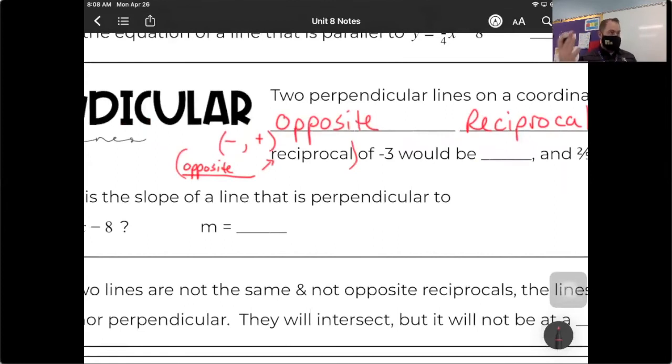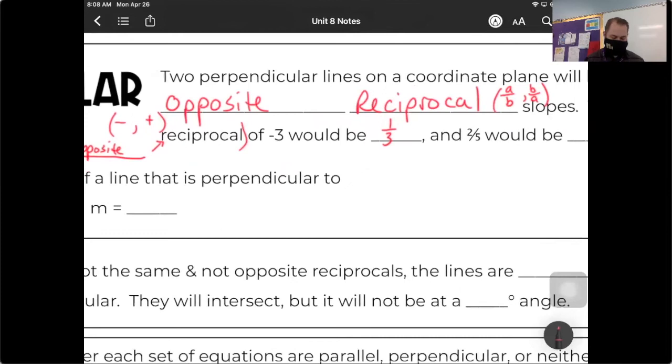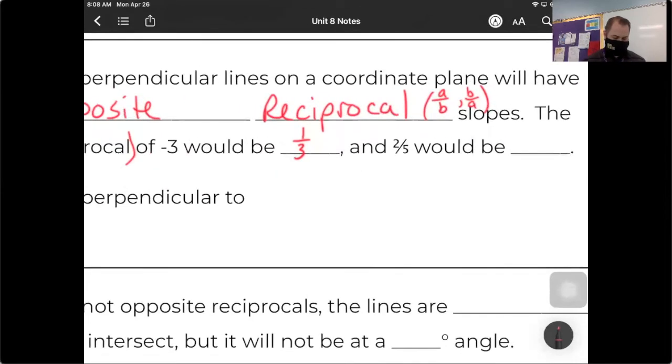So the reciprocal of 3 would be 1 over 3. So positive 1 over 3 is the opposite reciprocal of -3. What is the opposite reciprocal of 2/5? -5 over 2. So you do the reciprocal first and then change the sign, or the other way around. However you want to do that.